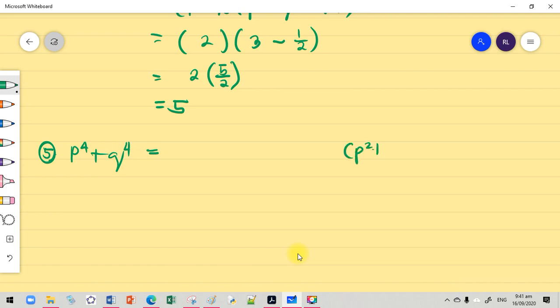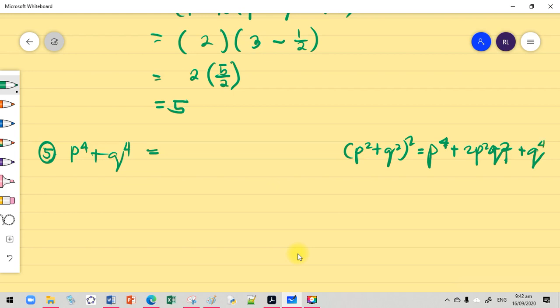P square plus q square, squared, you'll get p raised to 4 plus 2p square q square plus q raised to 4.